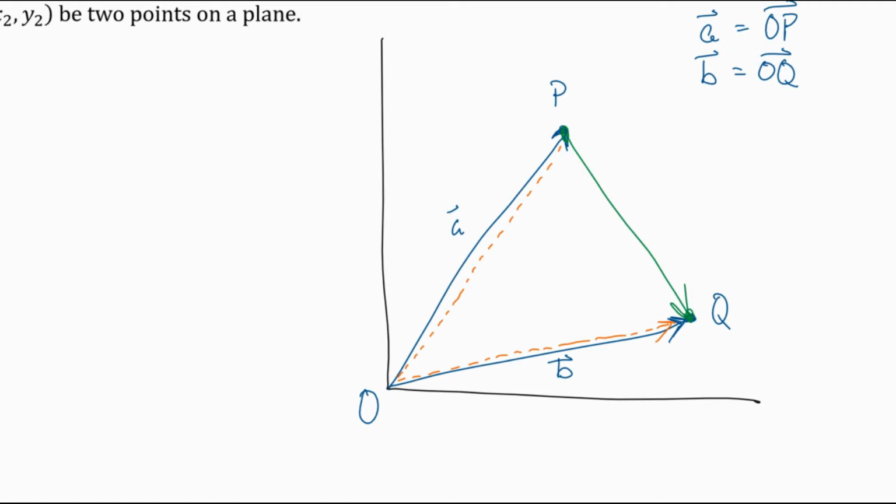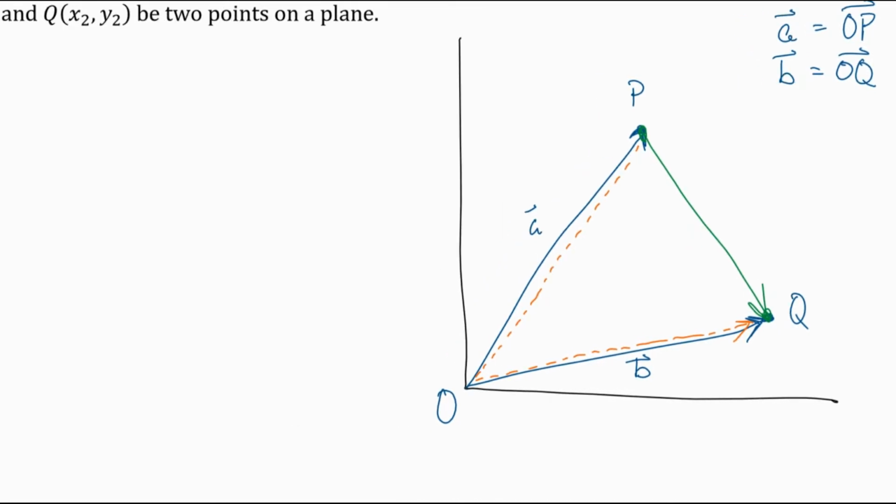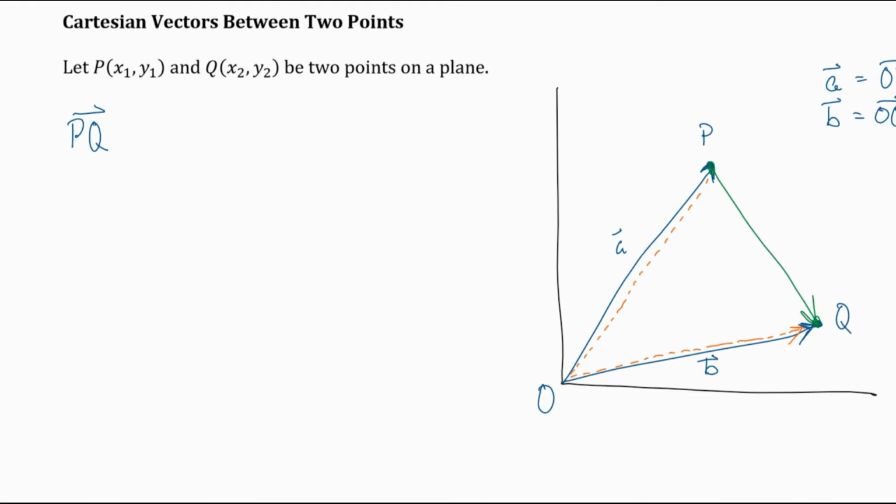And if I follow this path from P to O, then O to Q, then I will get the definition of PQ. So PQ equals PO plus OQ. But PO is not a vector that I know, but OP is. And OP is the opposite of PO.